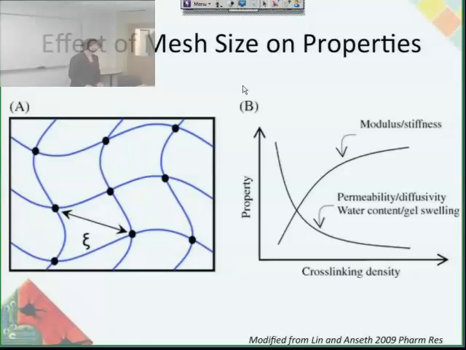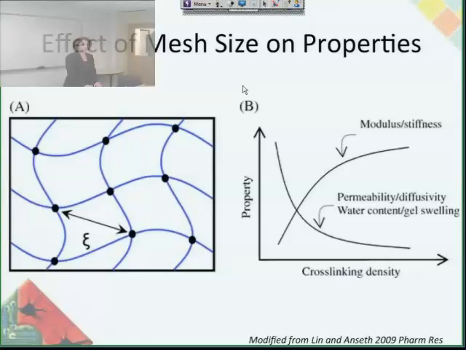So because the cross-linking density is so important, I want to go through the derivation of how you can calculate the molecular weight between cross-links so that you can then in turn calculate the cross-linking density from swelling experiments.